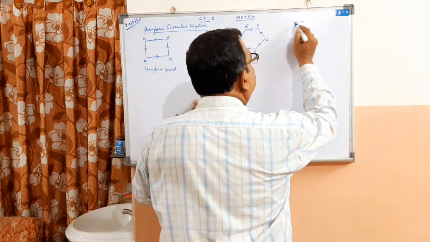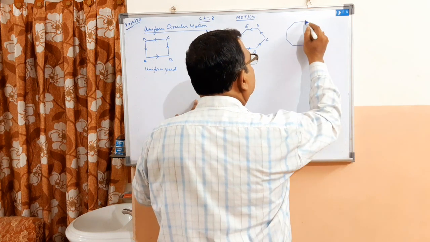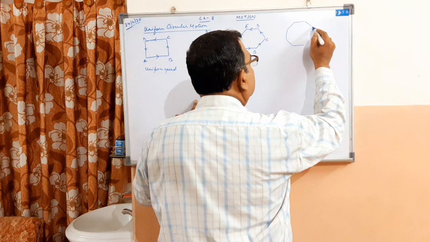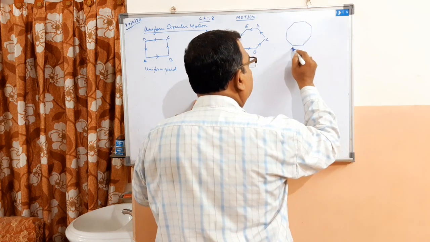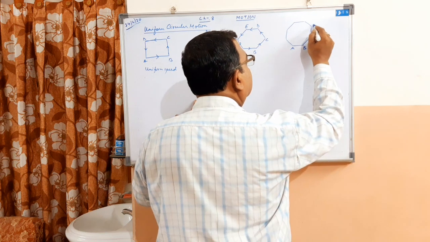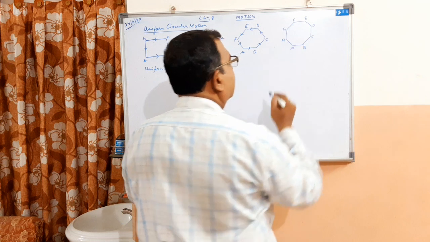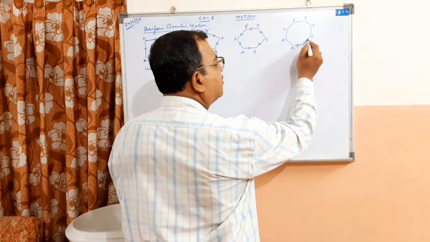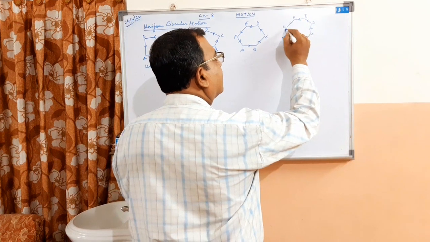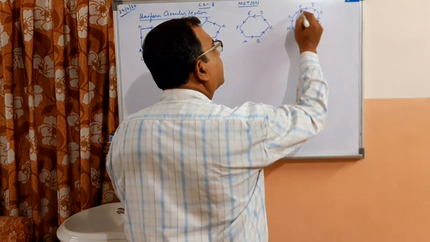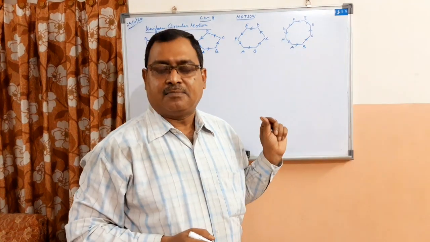Similarly, if the object moves through this octagonal path, starting from A, how many times does it change its direction? You will say here the direction is being changed 8 times.